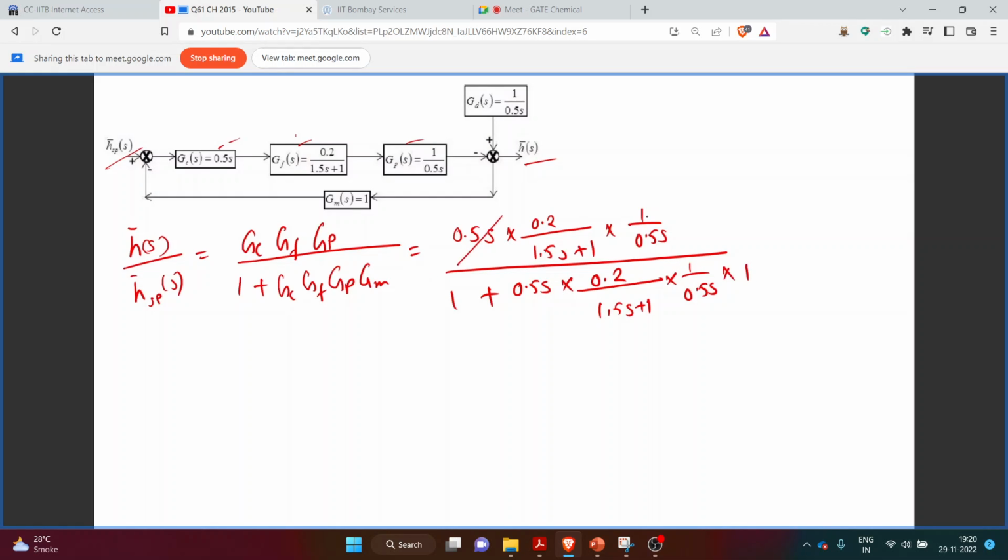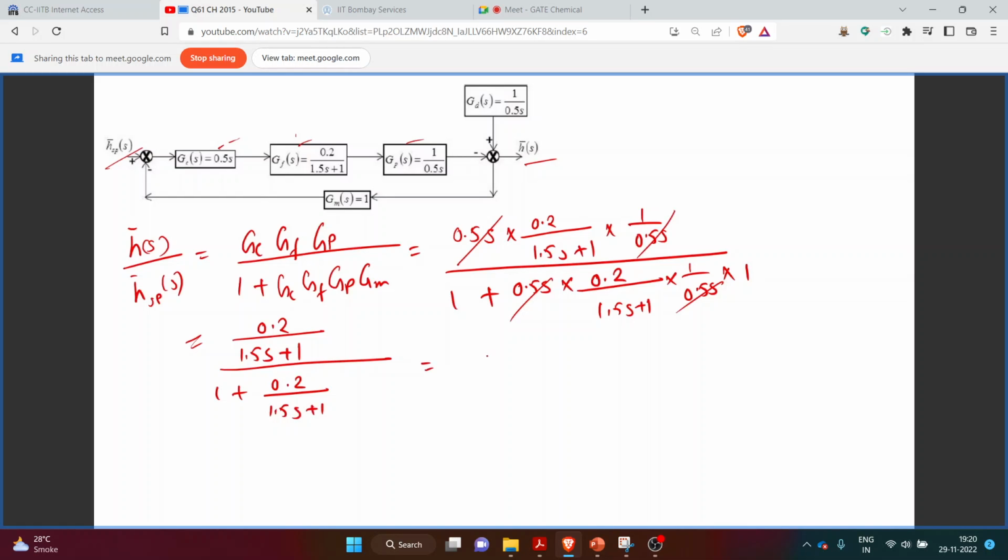So you can cancel this term, and then we can simplify this as 0.2 upon 1.5s plus 1, upon 1 plus 0.2 into 1.5s plus 1.